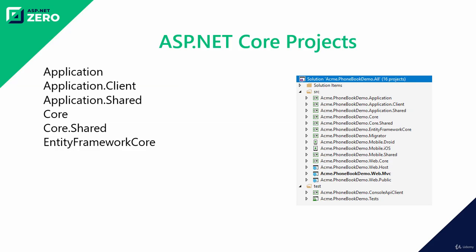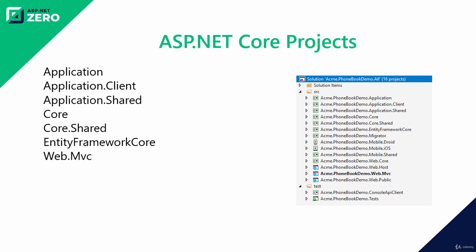EF Core, short for Entity Framework Core, is the .NET Core implementation of Entity Framework, which was available in other .NET, so non-.NET Core implementations. So we'll find in here typically the repository implementations, DB contexts, and the like. Next, and this is definitely an important one, we also have several web projects.